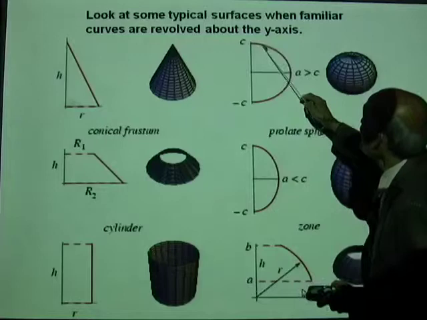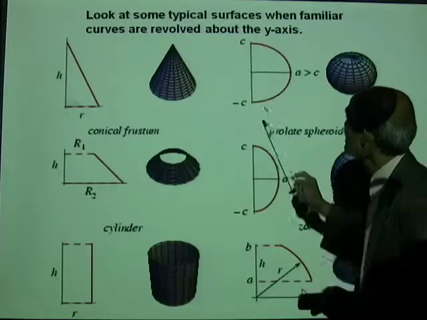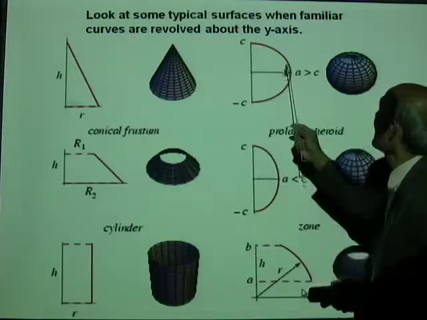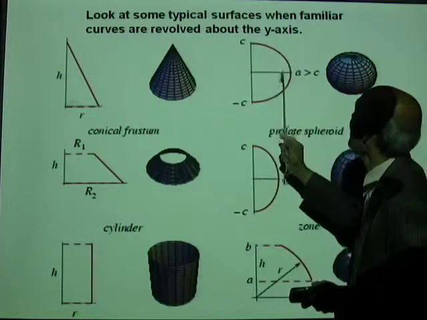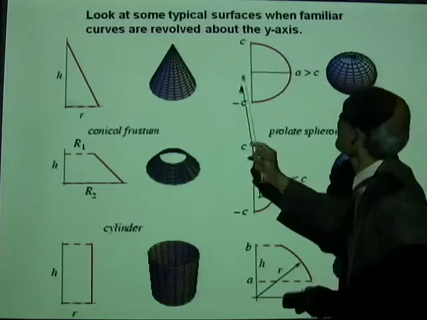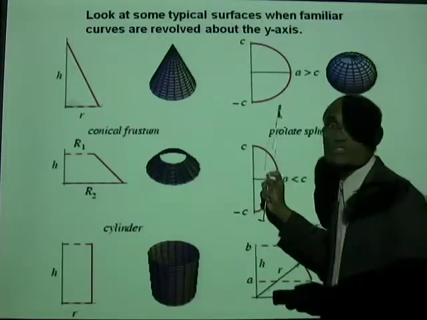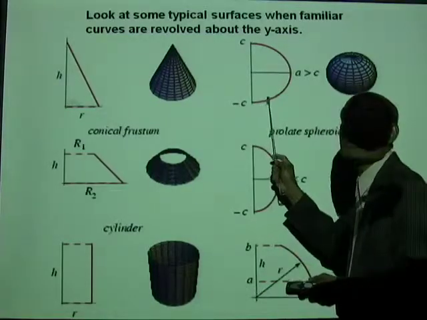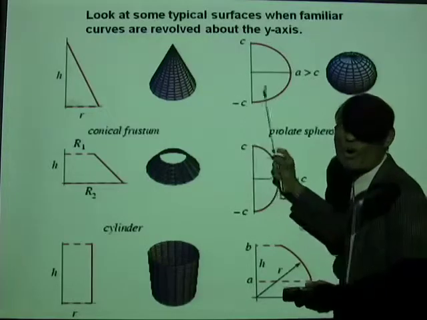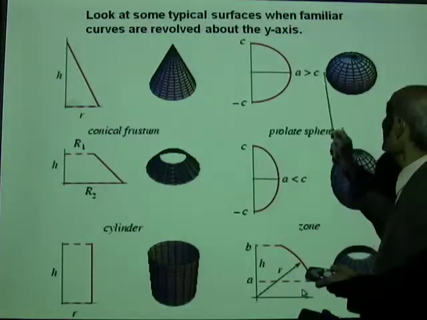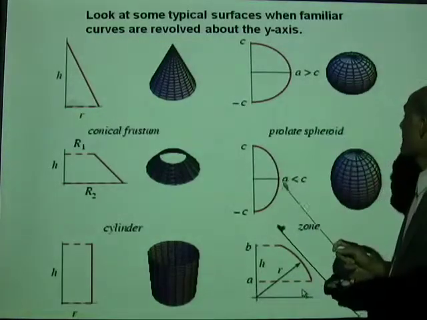And look at this. You have a semicircle, and what happens when this is revolved about the y-axis? Now visualize this in your mind. Take points on the curve and revolve to generate these circles. And look at that beautiful solid generated.